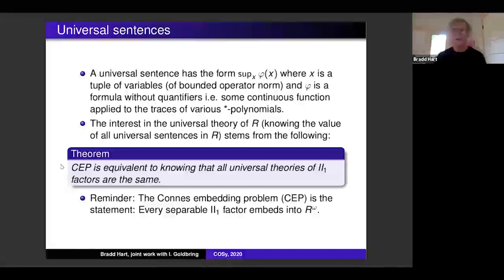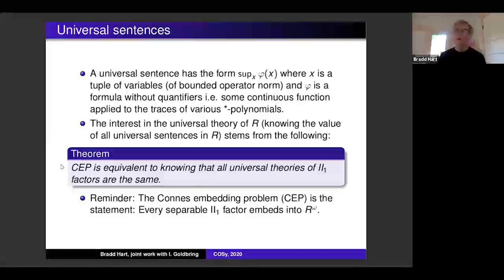Again, following up on Ilias's remark, any model theorist who knew all the words would guess this was true, so I'm not going to attribute this theorem to anyone: the Connes embedding problem is equivalent to knowing that all universal theories of II_1 factors are actually the same.